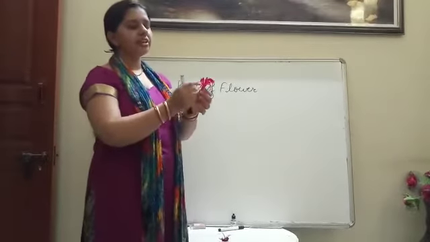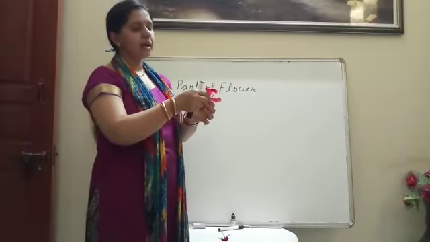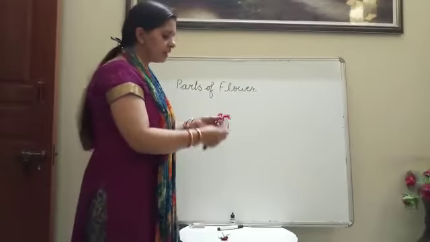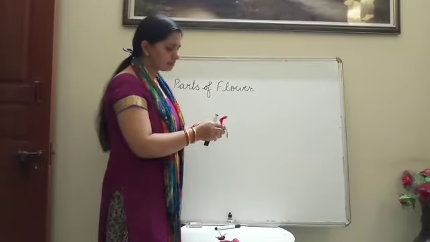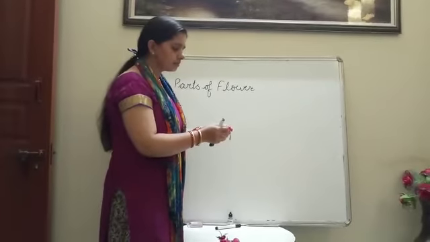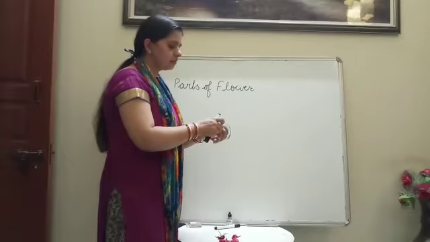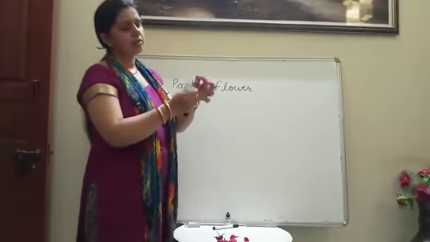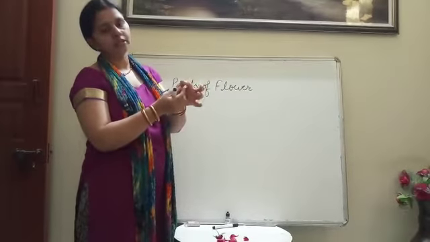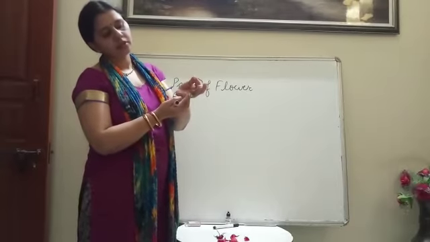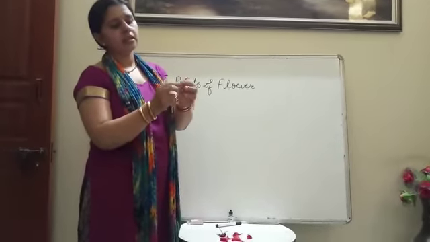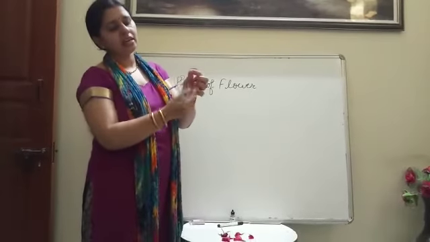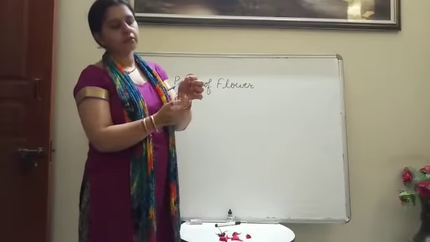And when we remove these petals, what can we see inside the flower? Here, what is this? Ovary. It is an ovary, and stigma, style and ovary.